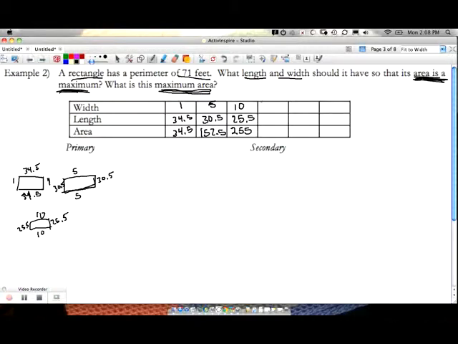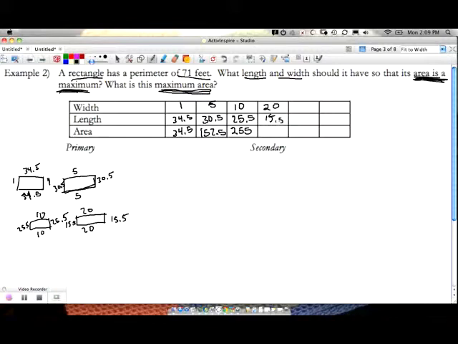Okay, well, let's see if we can keep going. How about let's do 20? That means I'll have 20 and 20. That's 40. And then on these other sides, that means that we're going to have 31 split in half. So that's 15.5 and 15.5.